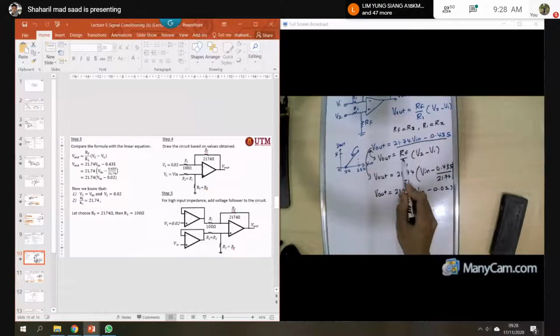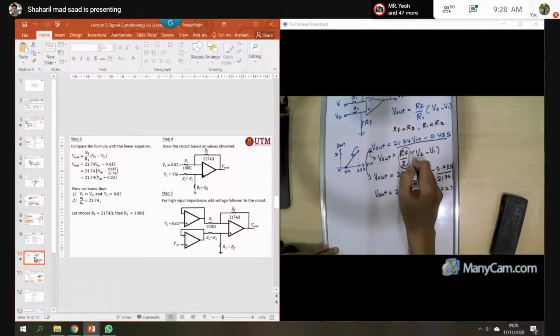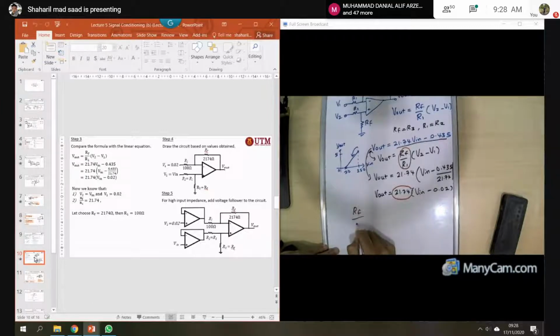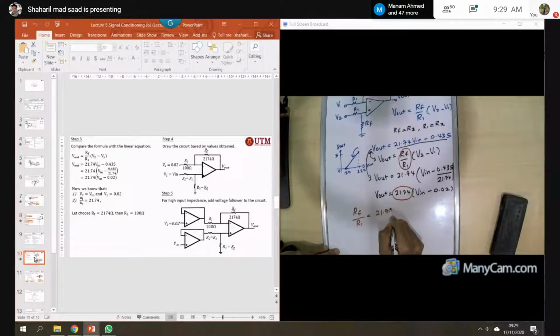Then you can compare with the differential equation. When you compare it, you get RF over R1, because the differential amplifier only needs two values of resistor, RF and R1, equal to 21.74. So now you have RF over R1 equal to 21.74, and you can choose any value that you want.